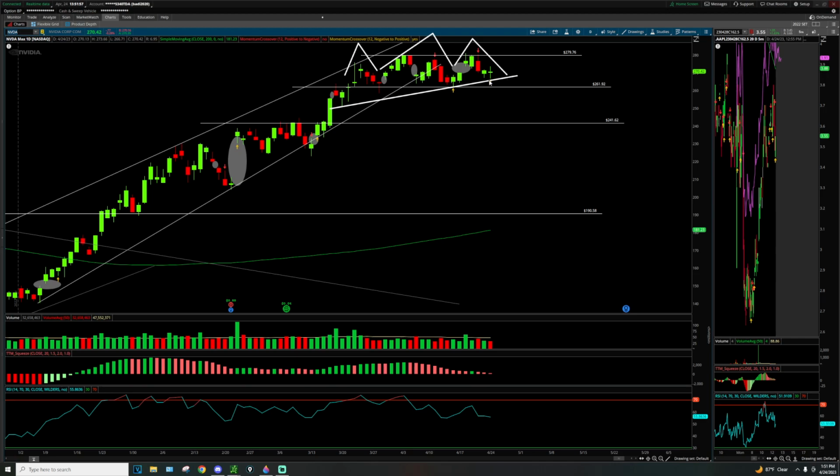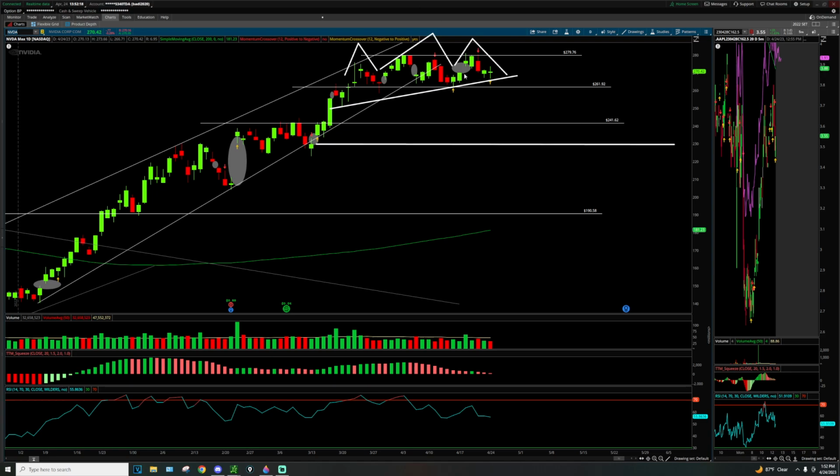Once we break below the neckline support and we get below 261.92, this triple top and the bearish rising wedge formation can sell off all the way back down to 241.62 really, really fast, retest the previous breakout line, and if buyers can't hold there, then we go down to 230 to fill the gap there.